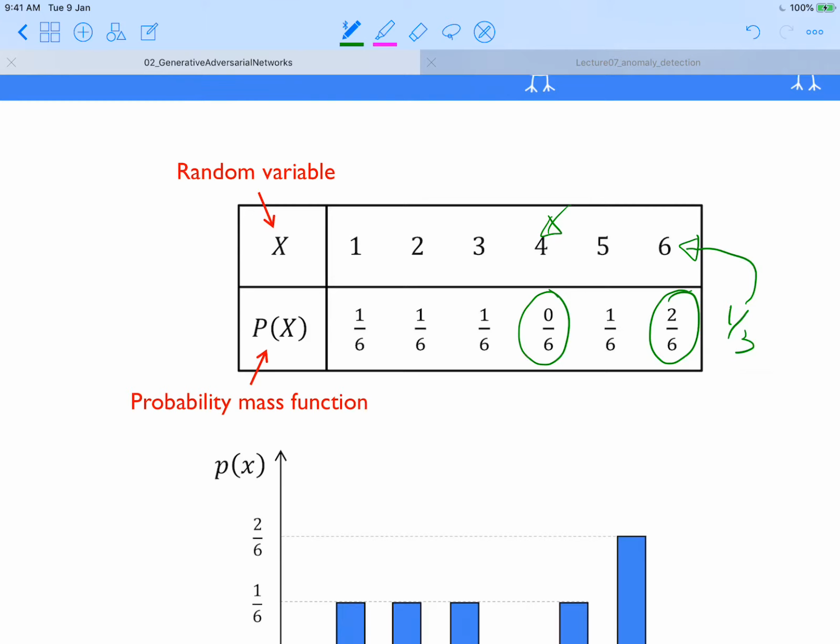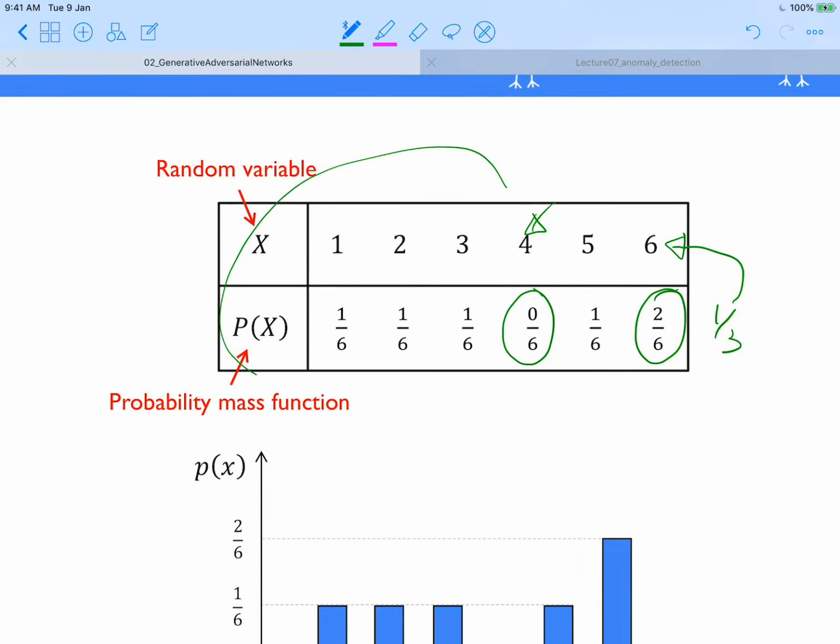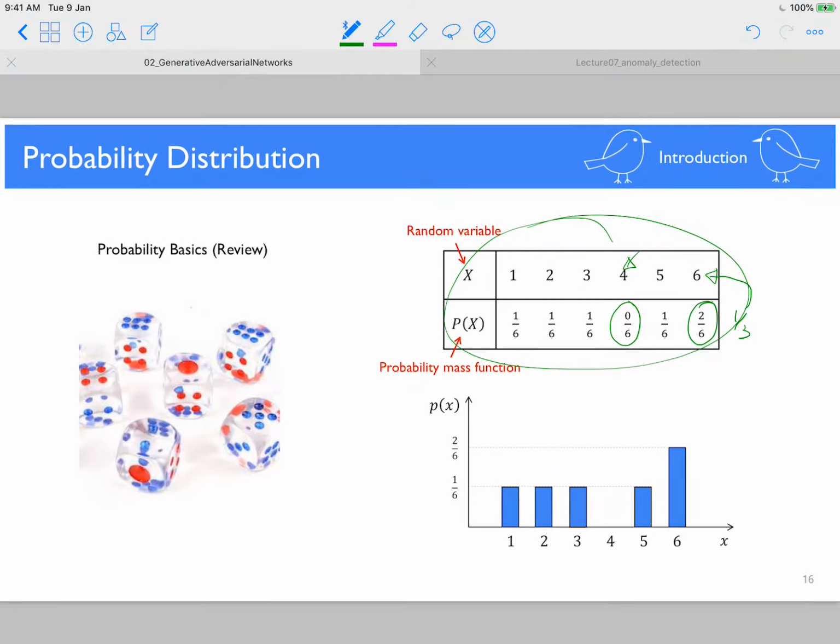Okay, so we can think of this as an especially crafted dice that we have. But we do not know this table in advance, just as with those data that we obtained, like 100 persons that we collected in terms of their heights and weights.